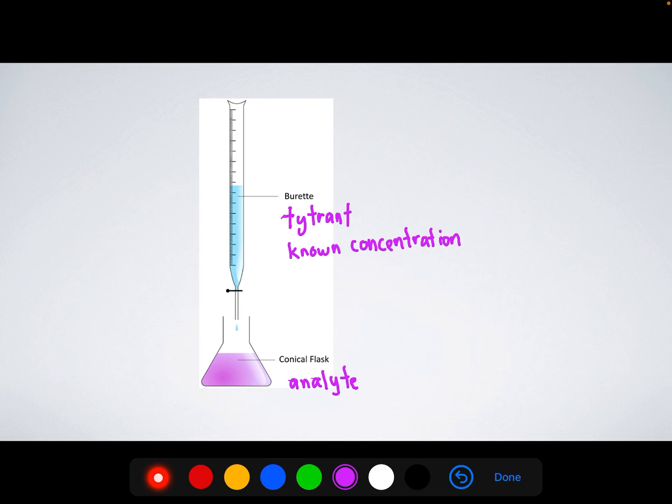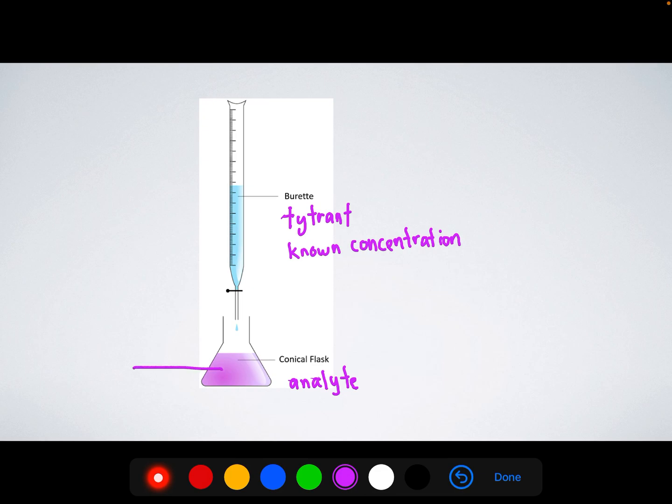Okay, and then as the titration goes, the titrant will be added to the conical flask, and the pH of the analyte will change, because more titrant is being added to it. As the concentration of the analyte changes, the pH will also change.